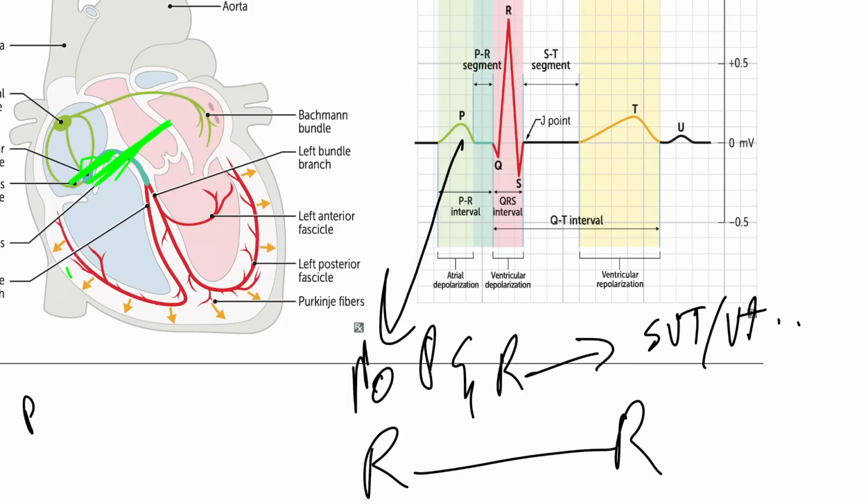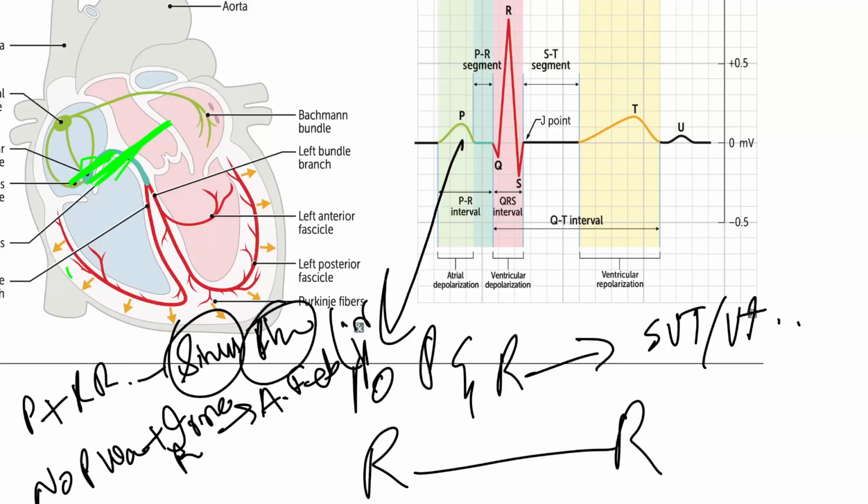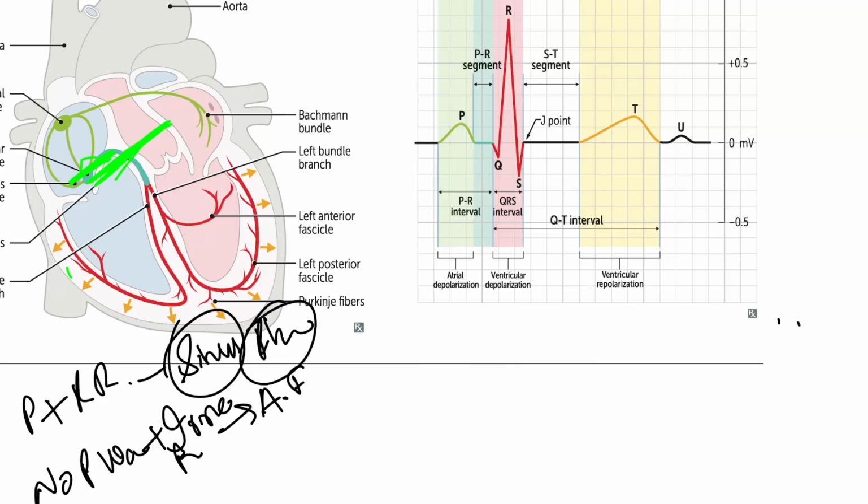But if you have a P wave and you have a regular rhythm, then this is called a sinus rhythm. The next thing is if you have no P wave plus an irregular RR interval, that is seen in your AFib, which is known as irregular rate and rhythm.